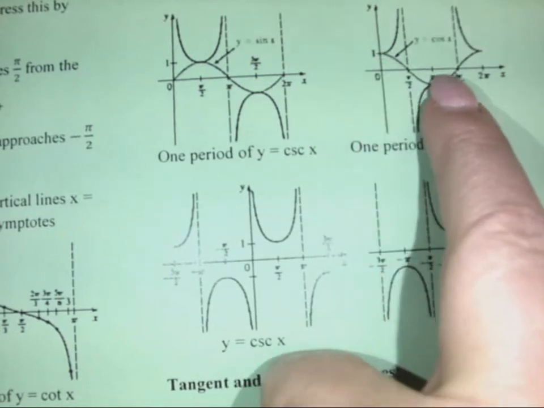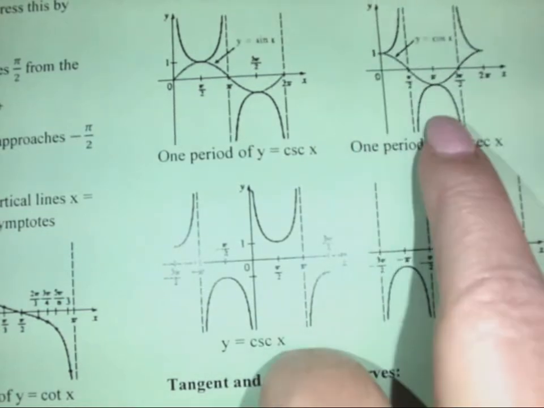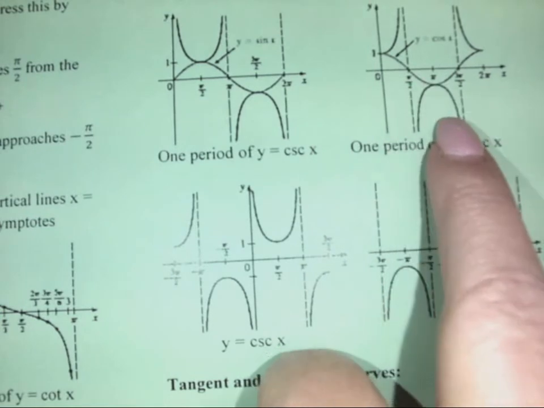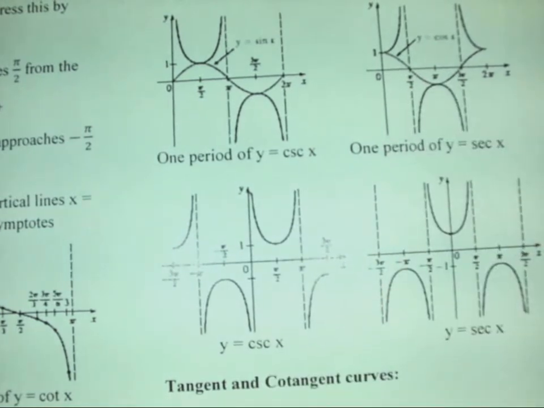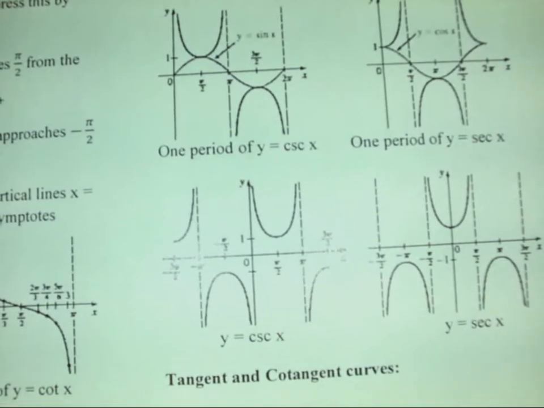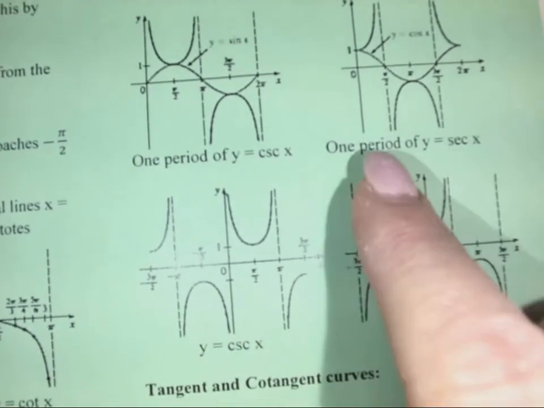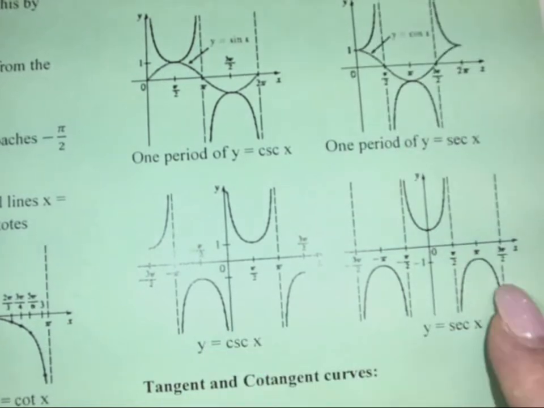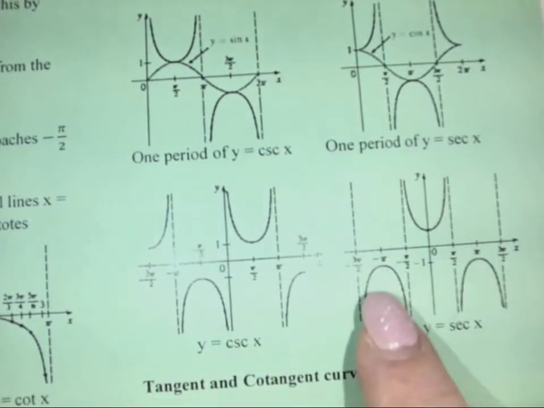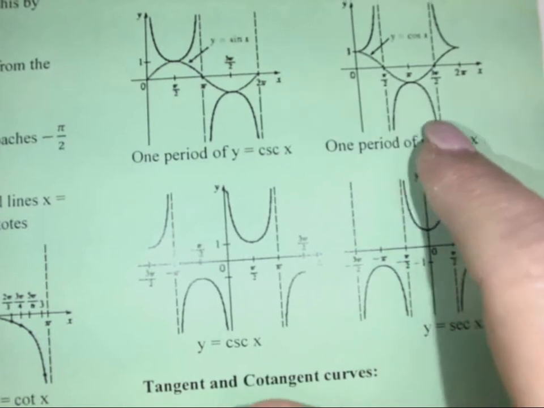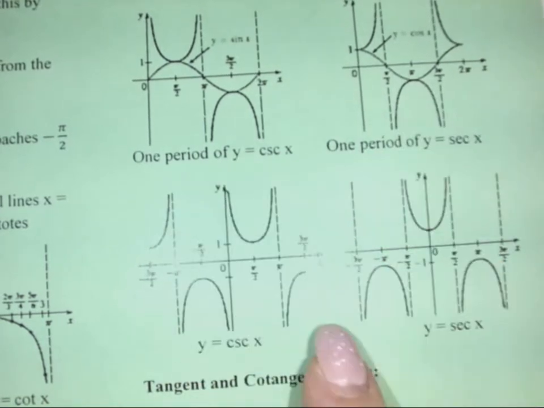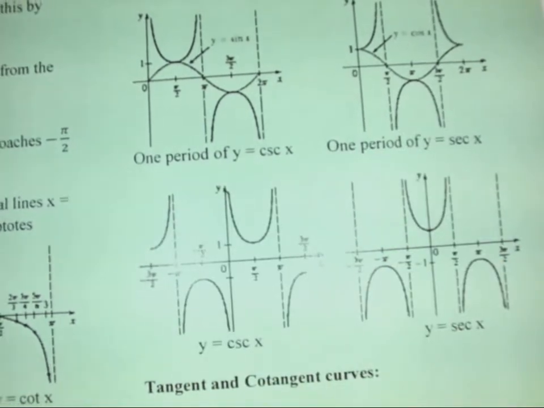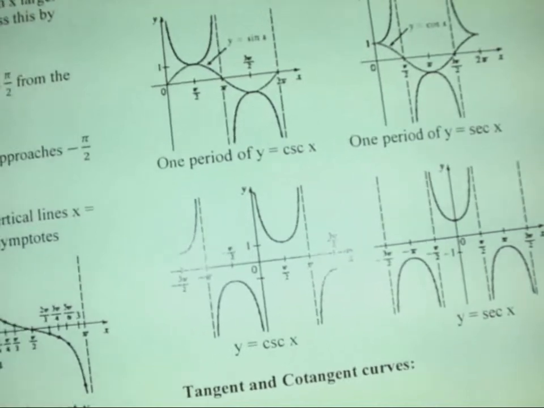So if we had our cosine graph here, our secant graph will come up and touch those parts. Here you're seeing one period of it, but if you had multiples of it, you would see the whole thing occurring. This is one period of each of those, and this is what it would look like if you stretch it out. So that just gives you an idea.